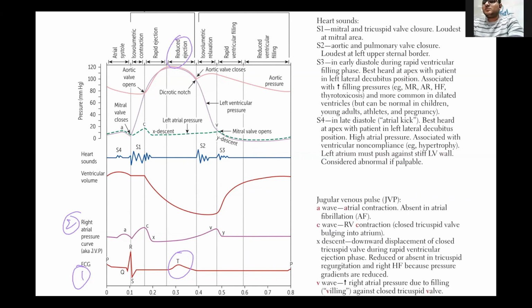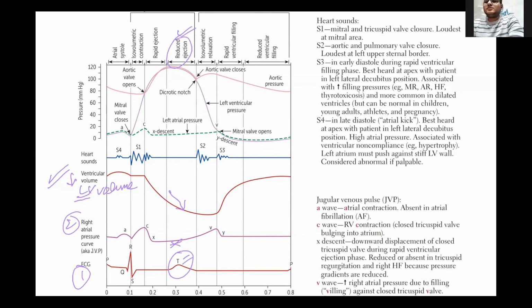No changes, not significant. It's not important here. But what will be the change? It will be more reduction of left ventricular volume. In this reduced ejection, there will be more decrease in the left ventricular volume. That is one significant point. And second was the T wave.